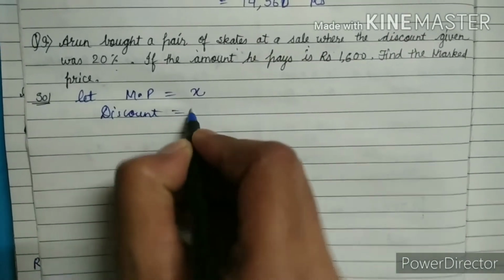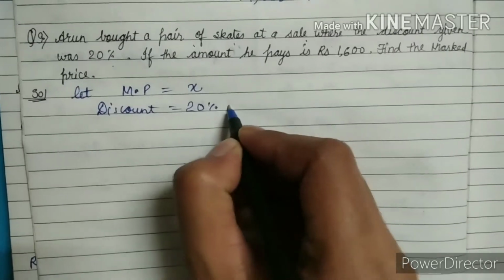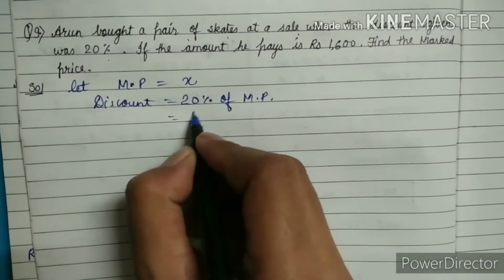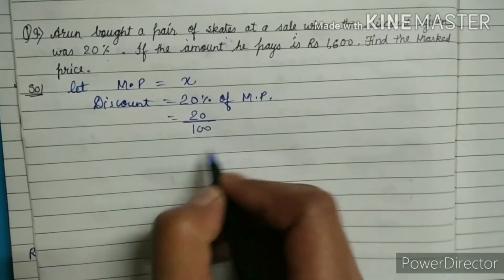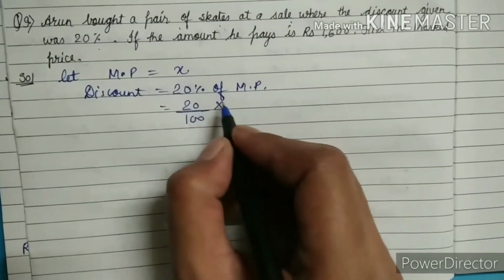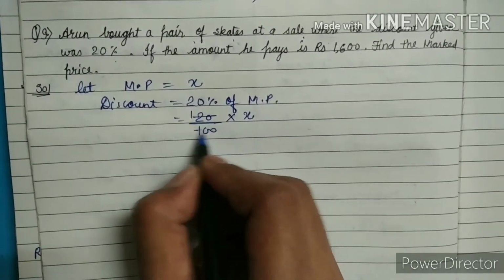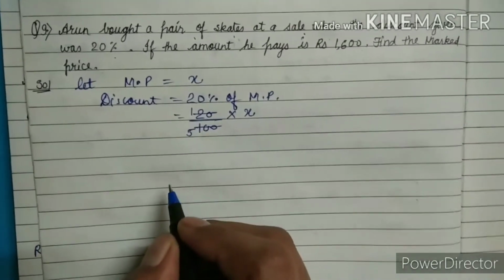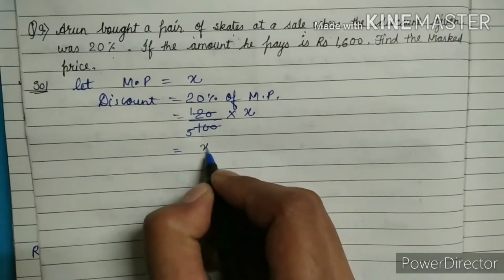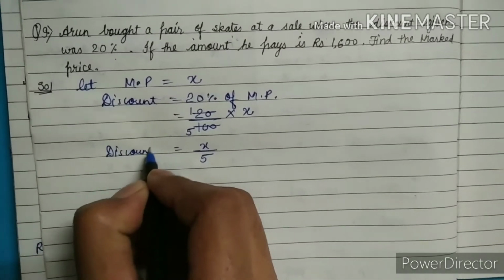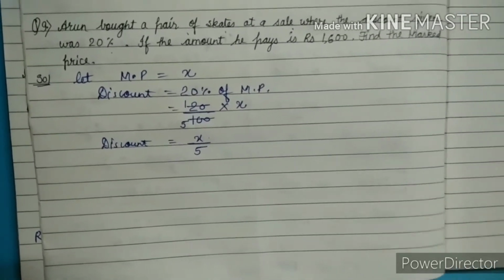Discount is 20% of the marked price. When the percent symbol is removed, 100 will come at the downside. The marked price is X that we supposed. 20 ones are 20, 20 fives are 100. So it will become X by 5. So the discount is X by 5.